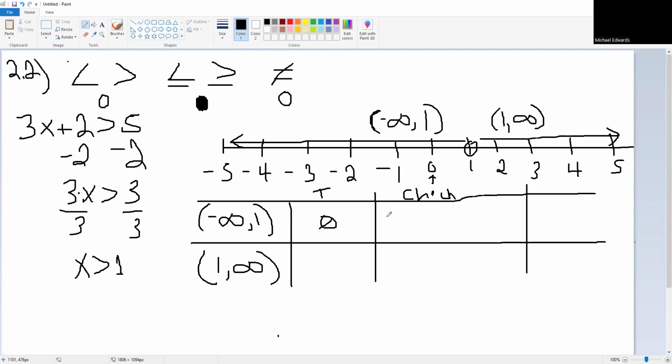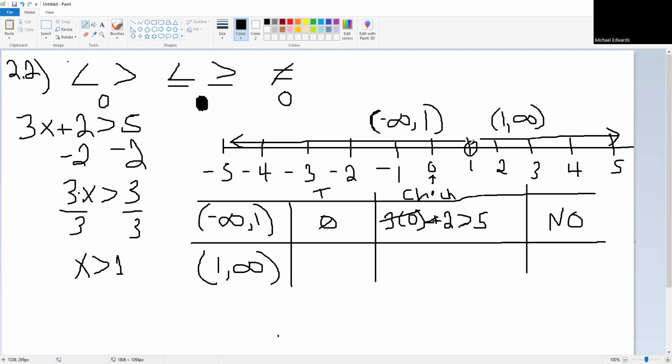And the inequality was 3 times 0 plus 2 greater than 5. Well, the 0 crosses out the 3, and that just leaves us with 2 greater than 5. Well, I don't think 2 is greater than 5, so nope, not a solution.